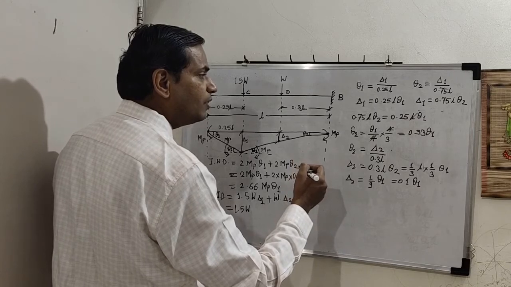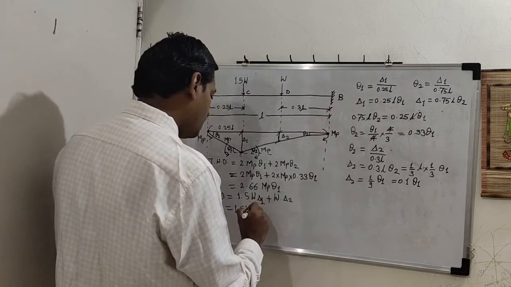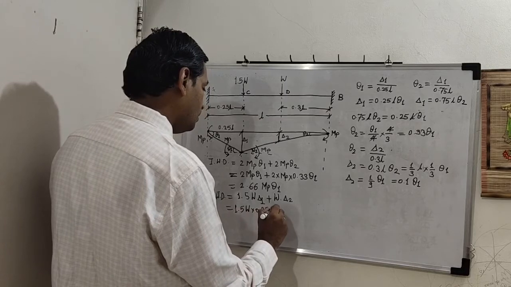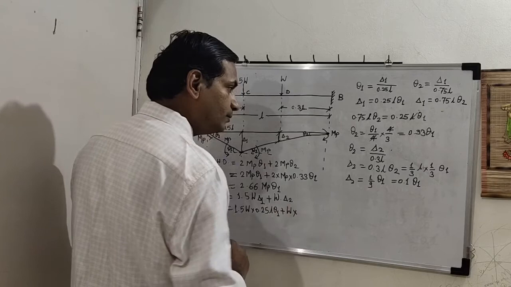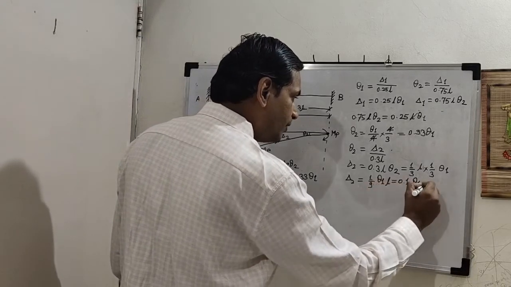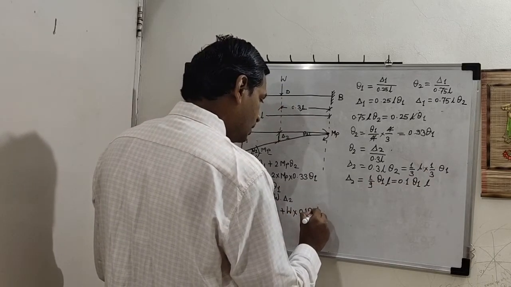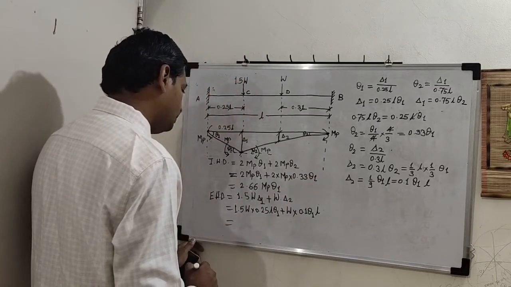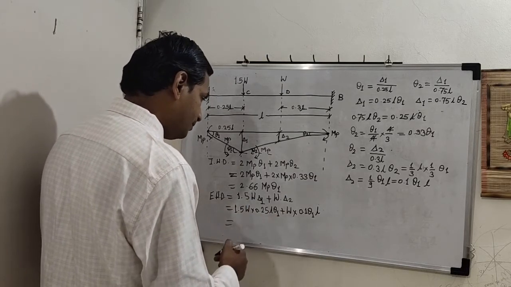Delta 1 in terms of theta 1 is 0.25 L theta 1, plus W into... I think we have forgotten here, L. So this is theta 1 into L, so 0.1 theta 1 L. Okay, so take the addition now: 1.5 into 0.25 plus 0.1.